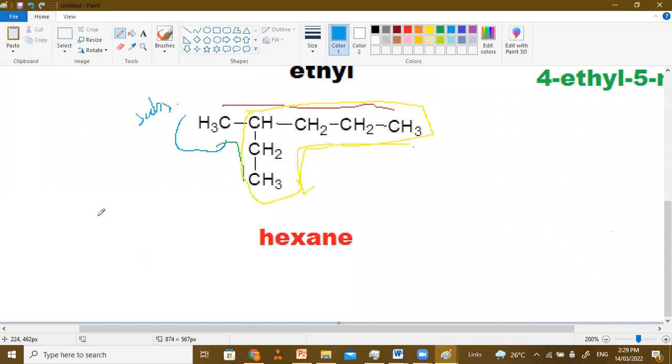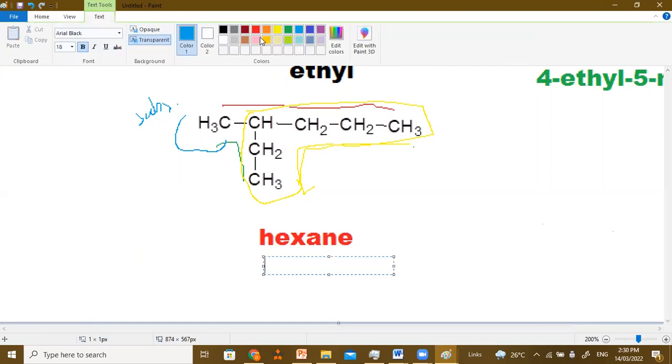What is CH3? It is one carbon, and the word for that substituent is methyl. But methyl is located in which carbon?